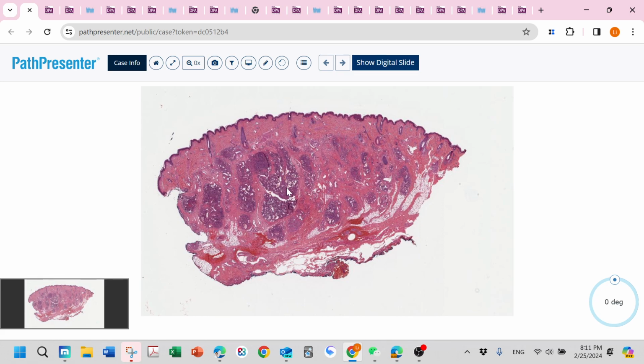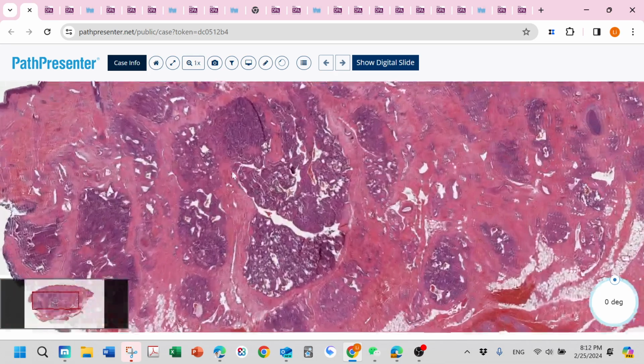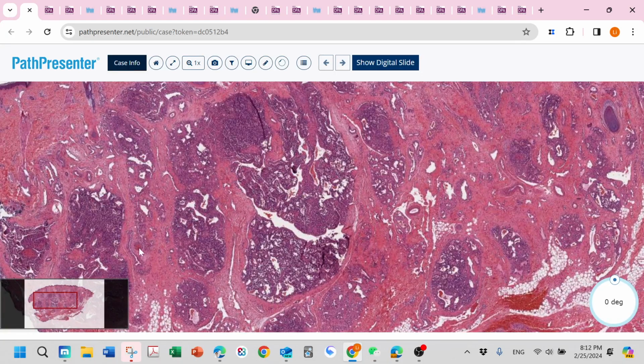The first phase is the proliferating phase. So you can see lobular aggregation of these tightly packed vessels together, and collagen bundles just separate these nodules.